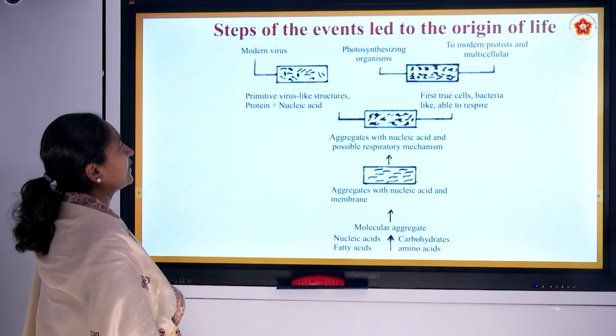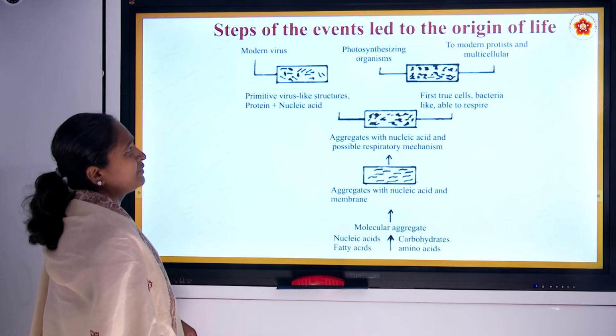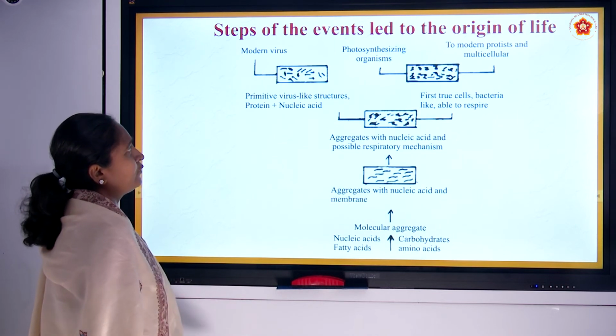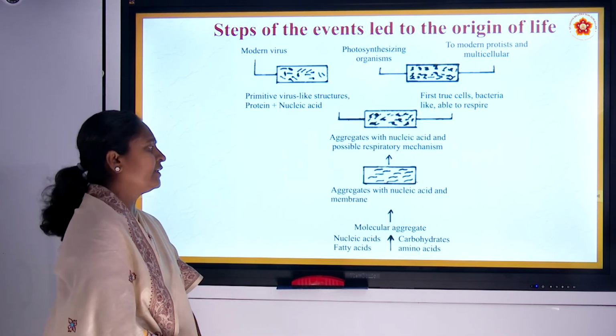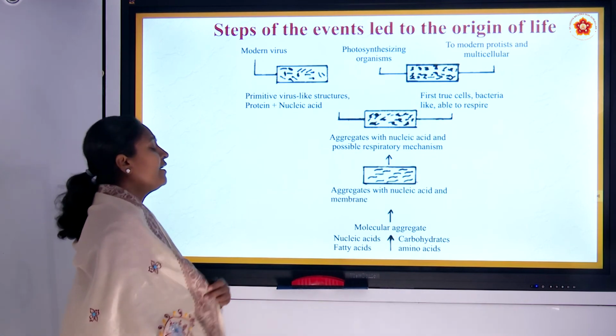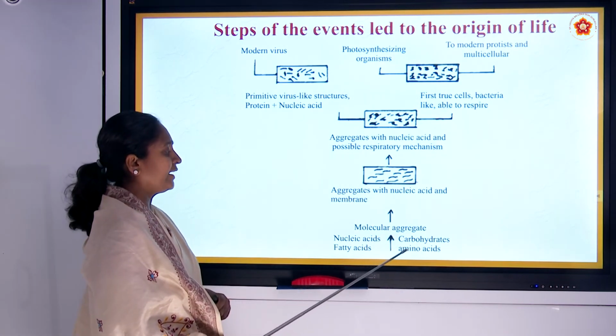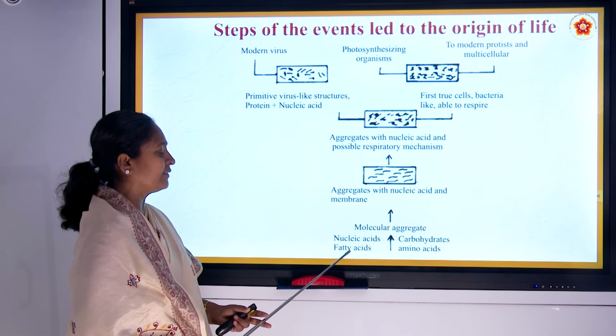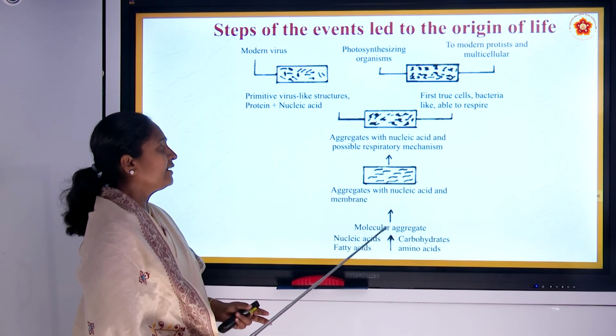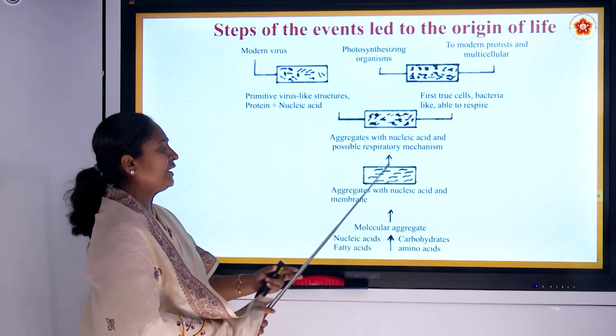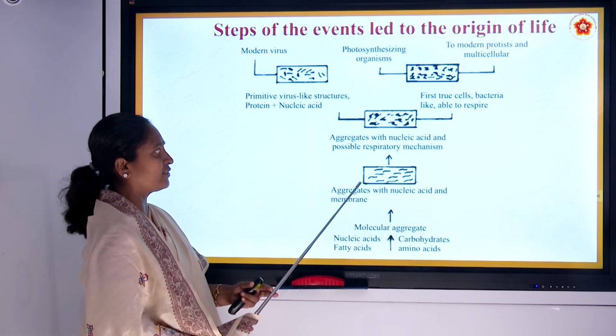So overall, we have various steps in organic evolution, right? The chemical synthetic theory of evolution. In that, what happened? We have seen carbohydrates, amino acids, nucleic acids, fatty acids, everything aggregated. This aggregation was trapped inside a membrane-like structure.